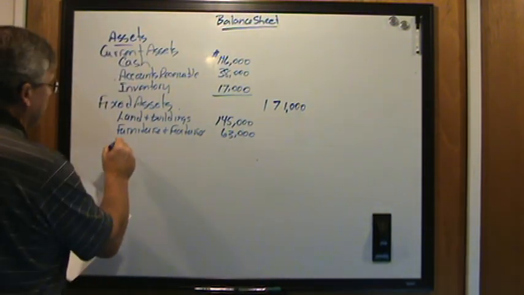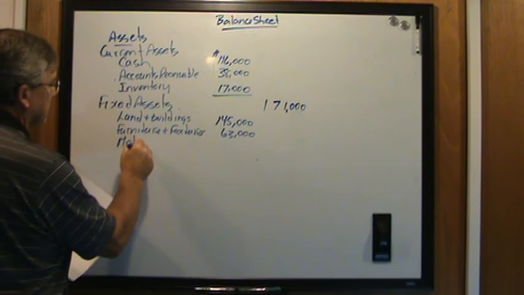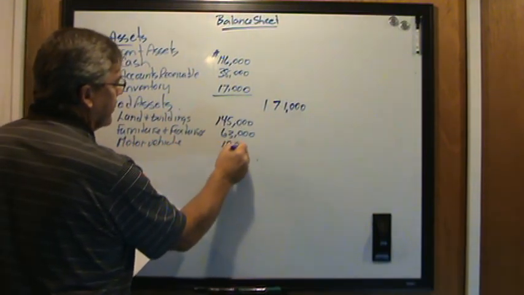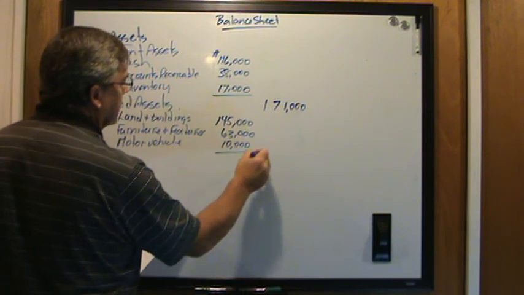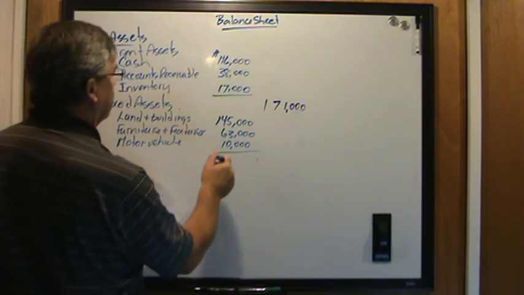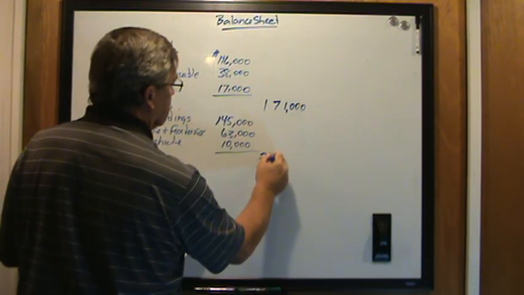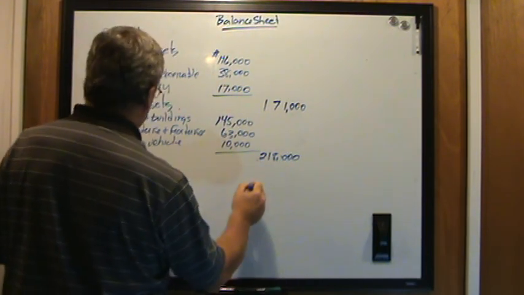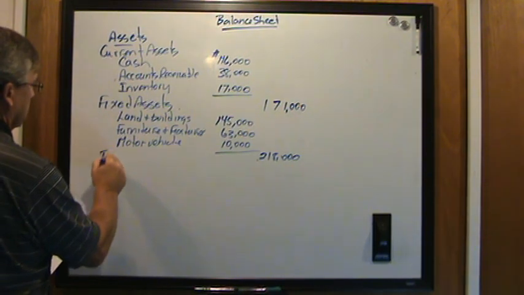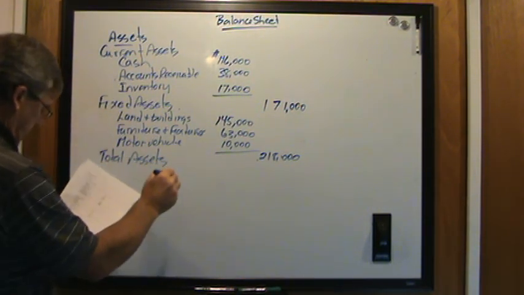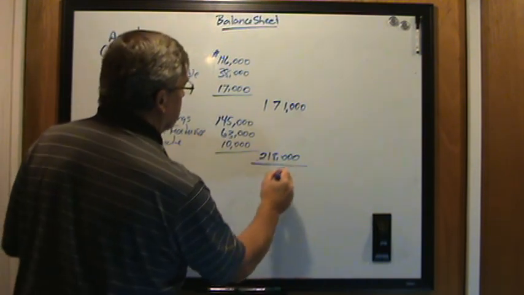And we have the new motor vehicle at 10,000. Okay. So total fixed assets, 218. And total assets are equal to 389.